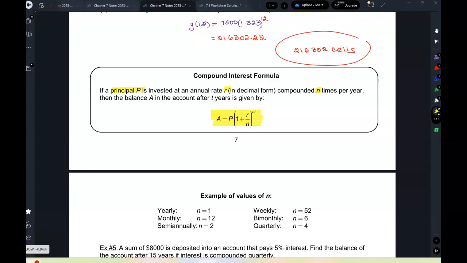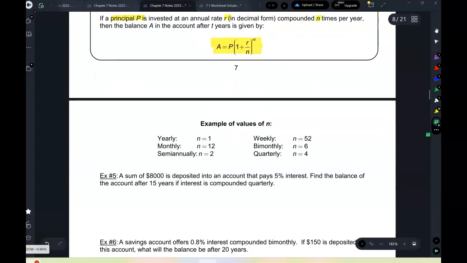So that changes. So some sample values of n are over here. If it says yearly or annually, n equals 1, monthly, and so on. Quarterly, there are 4 quarters in the year, so 4 times. And then bi-monthly, that's every 2 months, so 6.